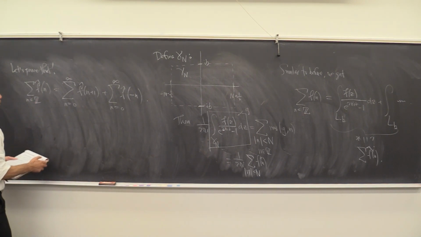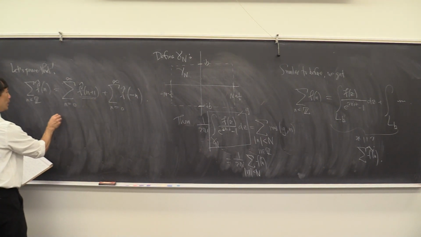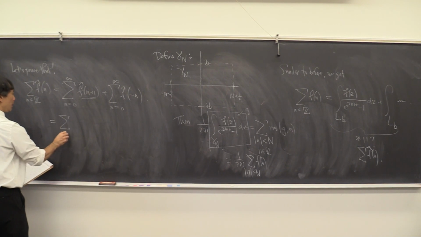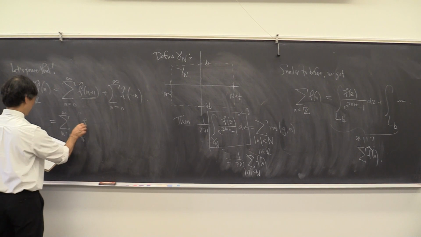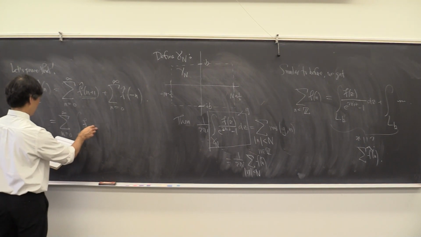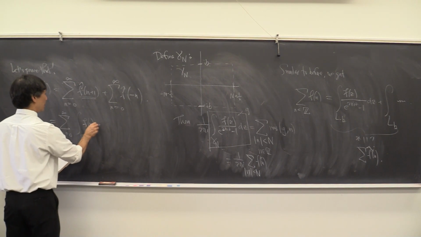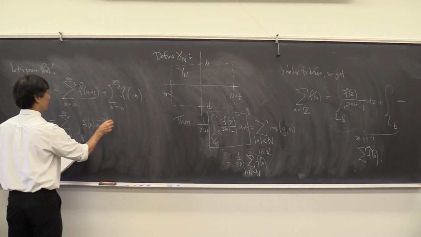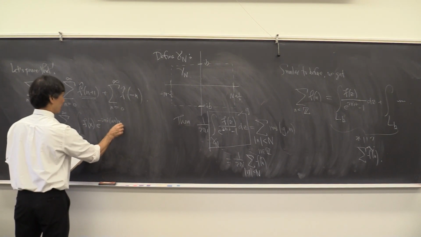Okay, so let's just write down what this means. This is the Fourier transform at n plus 1. So this is the summation n equals 0 to infinity, the integral over R of f of x, e to the negative 2 pi i (n plus 1) x dx.